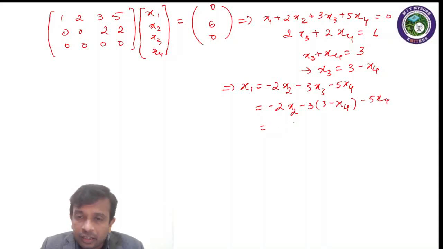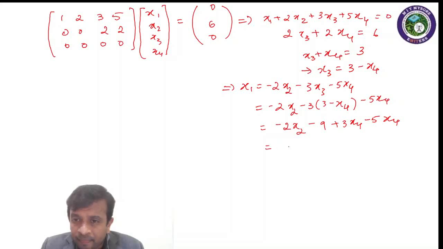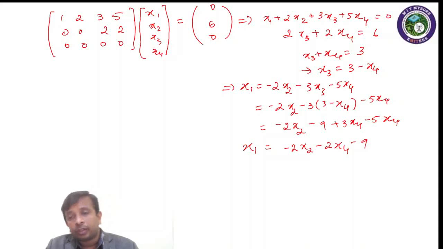It is again representing x1 and x3 in terms of x2 and x4. Minus 2x2 minus 2x4 minus 9. So x1 is minus 2x2 minus 2x4 minus 9, and x3 is 3 minus x4, and x2 is itself, and x4 is itself.